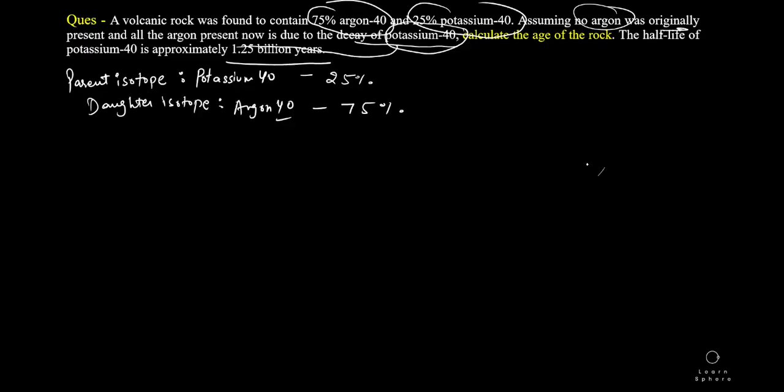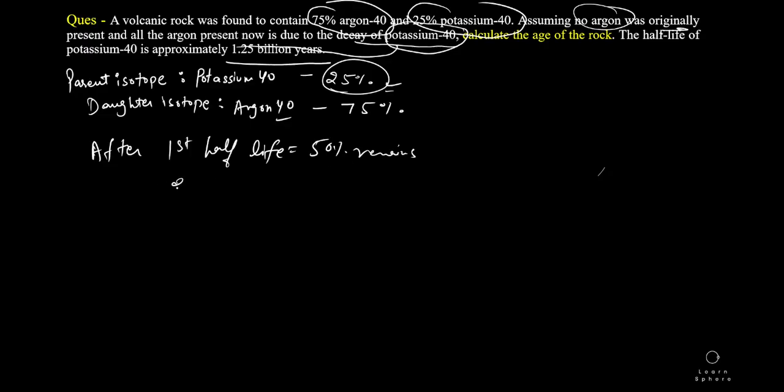So the parent is remaining only 25%. And as we know, after the first half-life, only 50% remains. Clear? And after the second half-life, 25% remains.